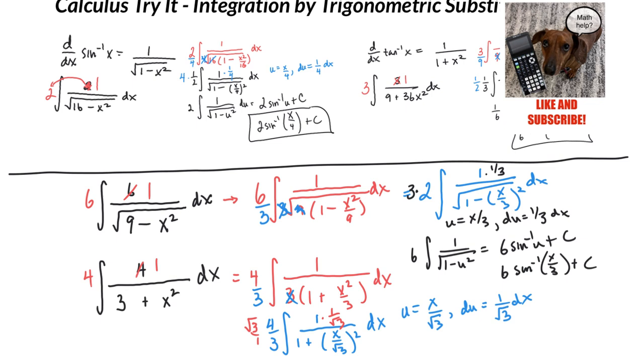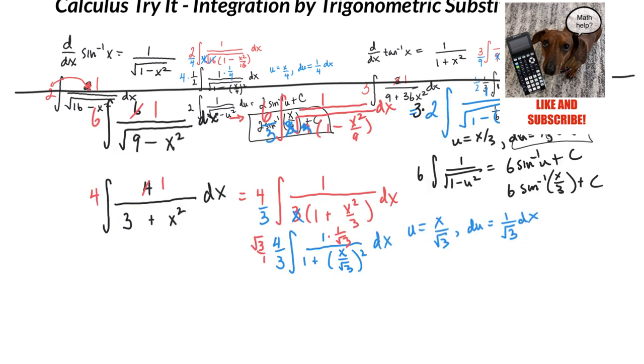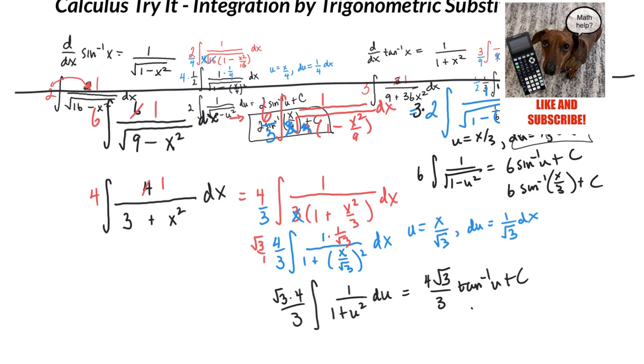So we have square root of 3 times 4 over 3, which of course I'm going to rewrite with the root after. We've got inverse tangent. Resubstitute back in.